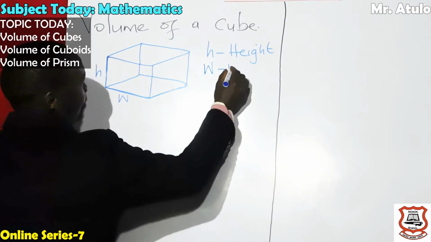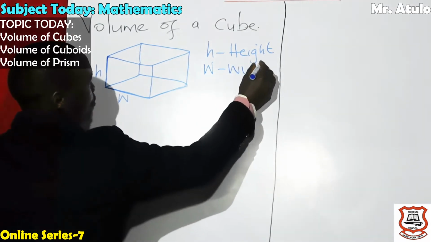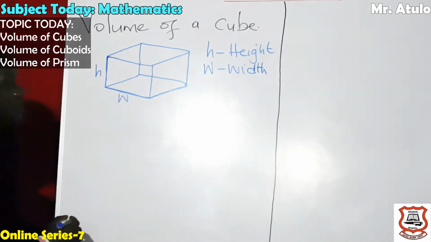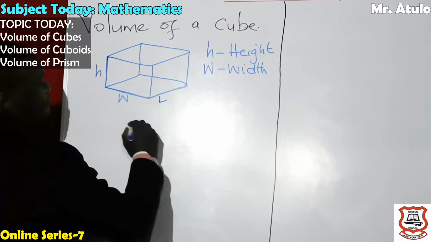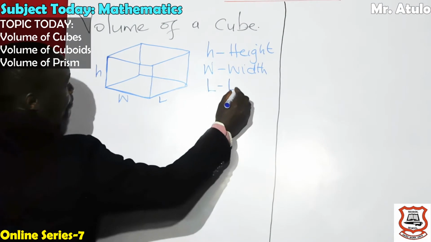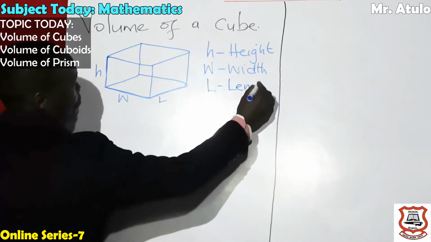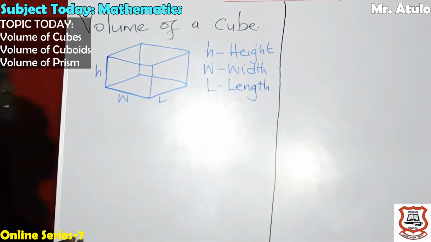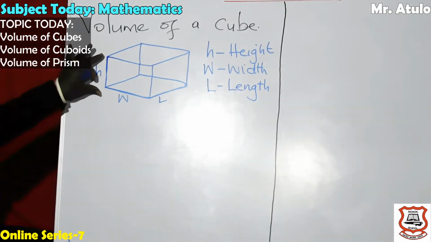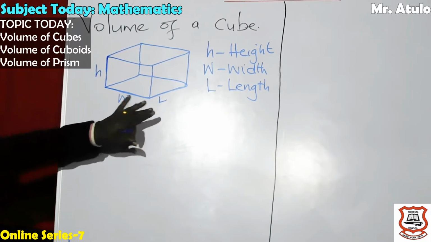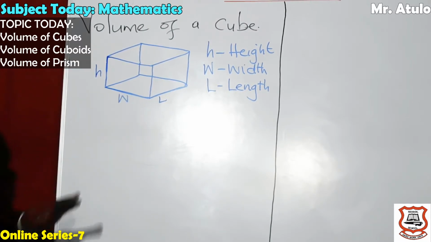Width or breadth can be used interchangeably. And this is the length. In a cube, all the sides are equal. The height, the width, as well as the length are equal. None of them is more than the other or smaller than the other.